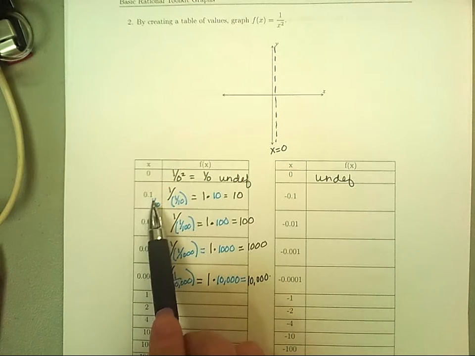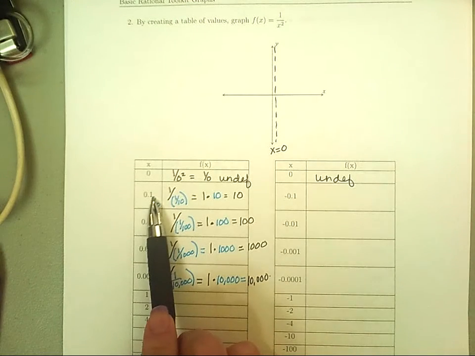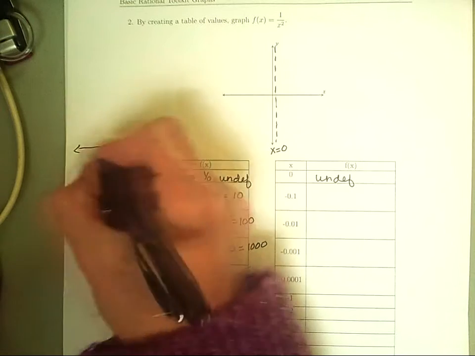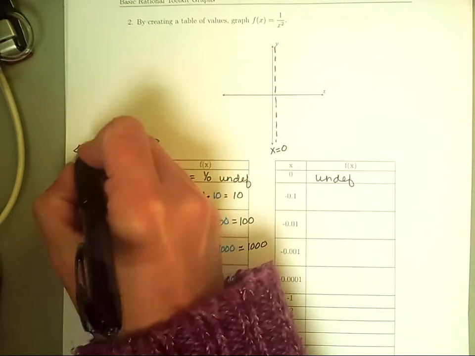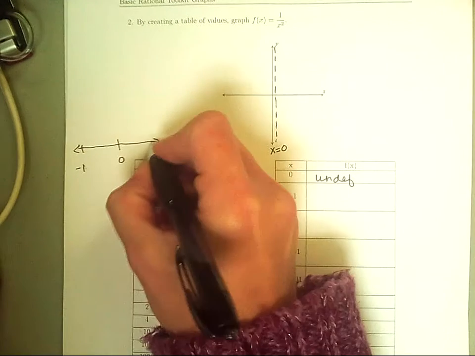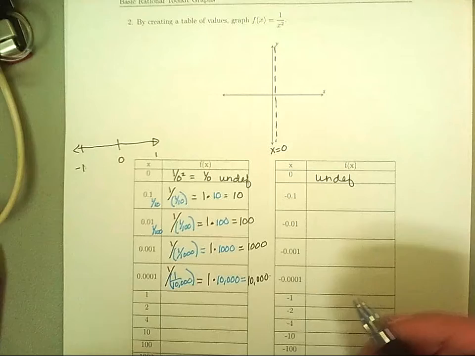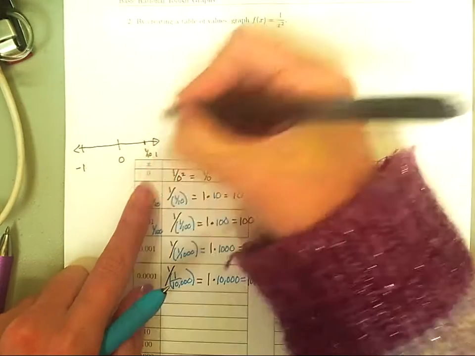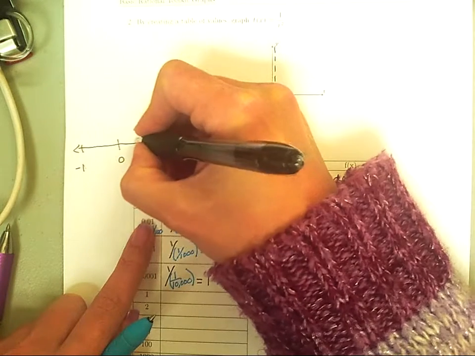Now what's happening with these numbers is if we look at a number line, here's the number 0, here's the number -1, let's say here's 1. Now 1/10 would be here. 100th would be even closer.